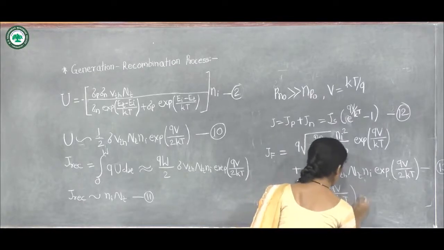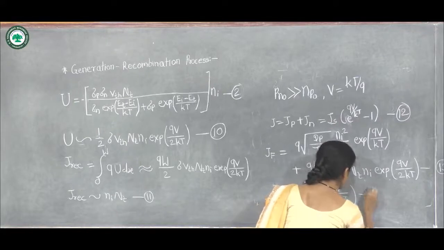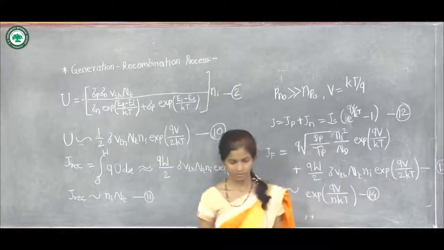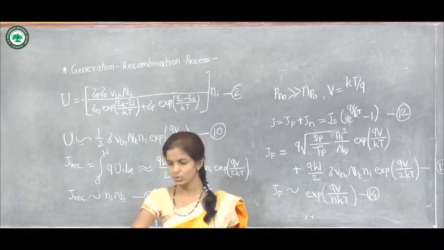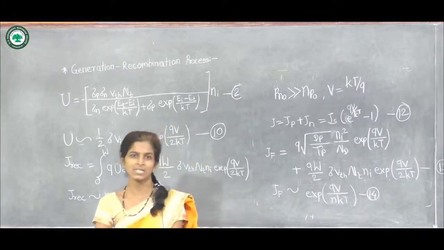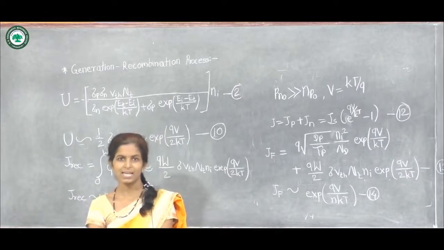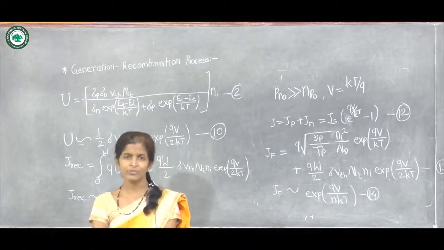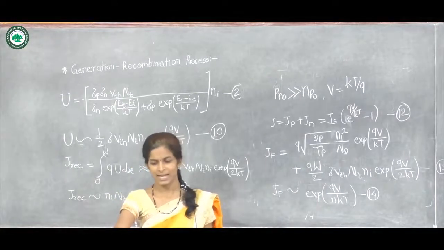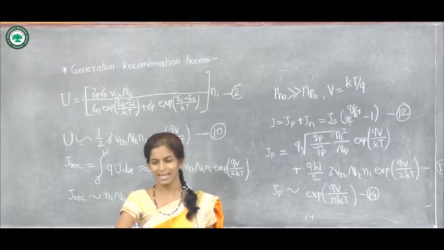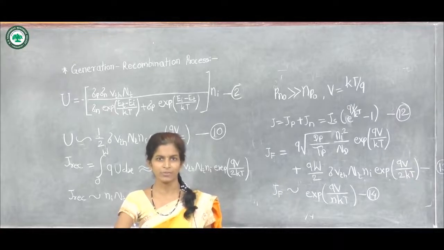So this is equation number 14, where the factor n is equal to 2 when recombination current dominates and n is equal to 1 when diffusion current dominates. When both currents are comparable, then n has a value between 1 and 2.